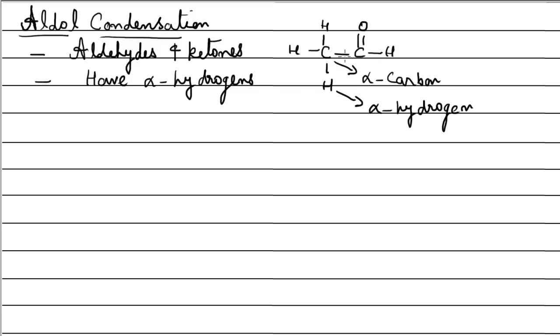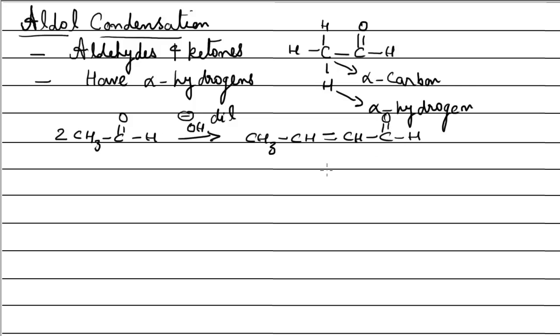Now, two molecules of an aldehyde or a ketone having alpha hydrogen are reacted with dilute base, and the product obtained is an alpha beta unsaturated aldehyde or ketone. In this case it's going to be an aldehyde because we started with an aldehyde.